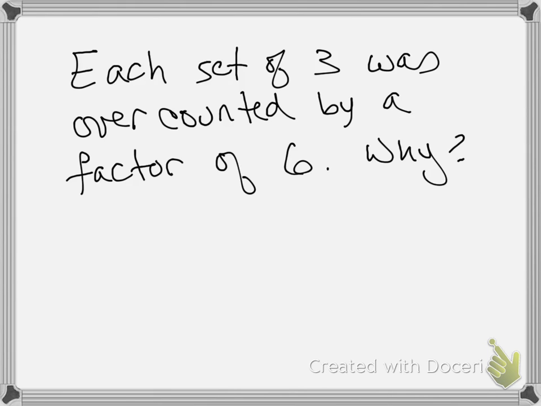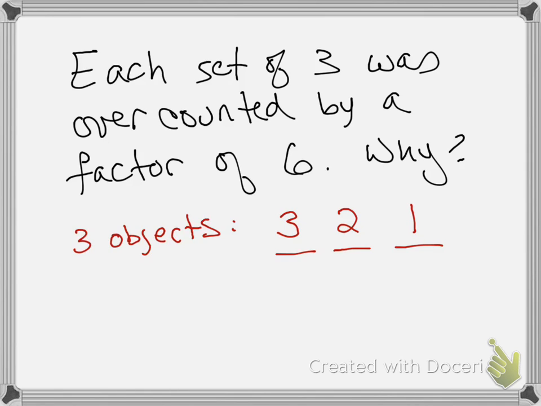How do I know that they were all counted 6 times? Well, given 3 objects, how many different rearrangements are there? Well, there are 3 choices for the first, 2 choices for the second, 1 choice for the third.